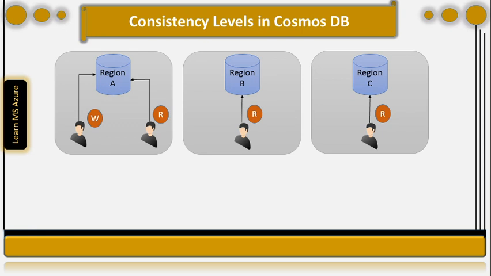So you need to have a strategy to replicate the data, right? Because that updated data should be available to the users present in region B and region C. But it needs some time to replicate that data from region A to region B and to region C. So that is known as the replication of data.